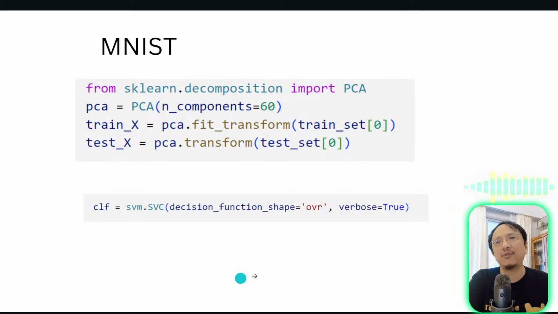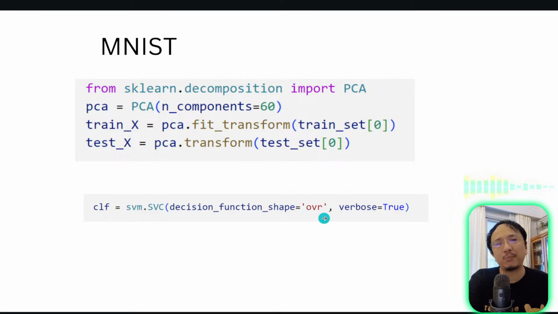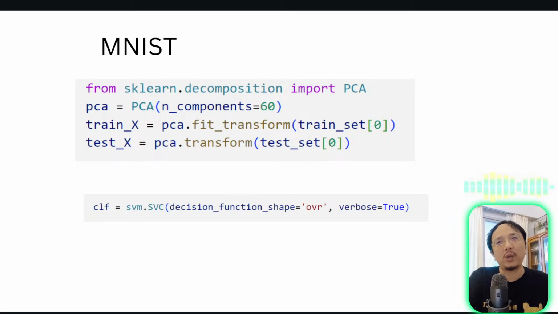There are several different ways of doing multi-class classification, which is essential for MNIST. You can see that this is the typical one-vs-rest. Basically, we are still considering the binary classification problem, it's just that we are dealing with 10 binary classification problems.